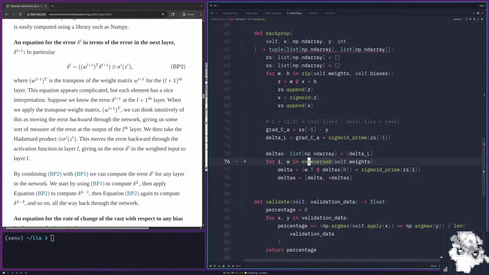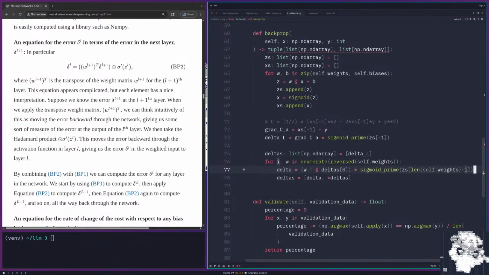I guess I can enumerate, and then I just need to know that I want the opposite of this, so len of self.weights minus i. I hate that.